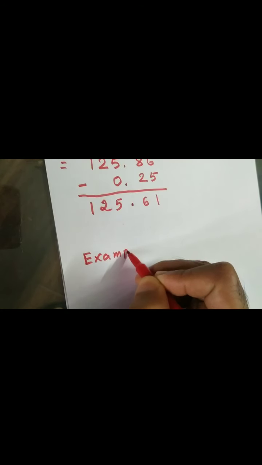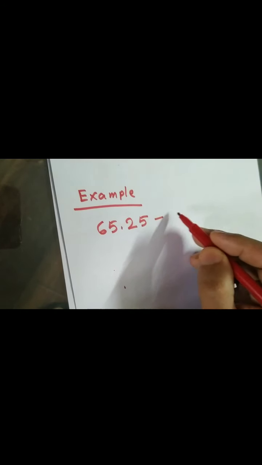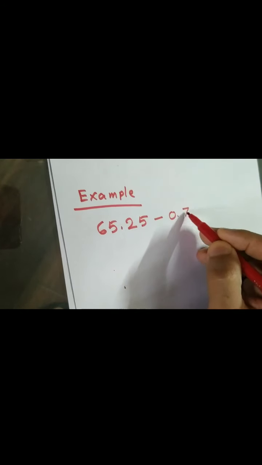So let's try another example. Let us suppose I have 65.25, and from there I have to subtract 0.79.